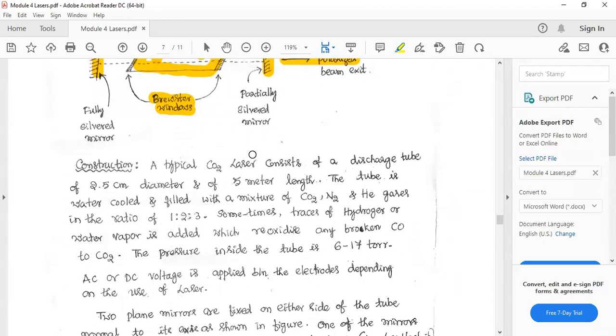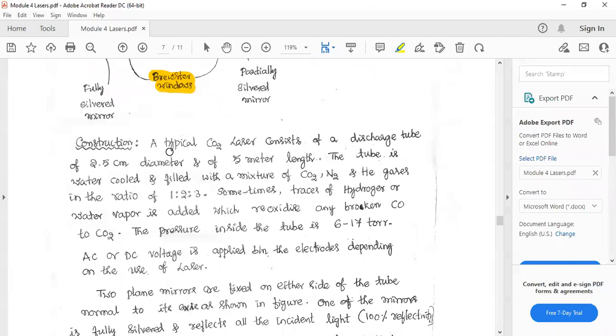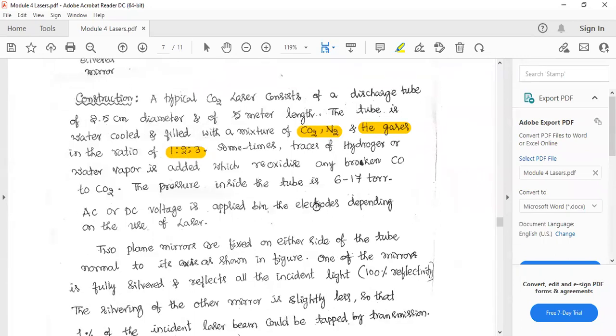Usually the carbon dioxide laser consists of hydrogen or water, oxygen, carbon dioxide and nitrogen molecules. Other than that, helium gas is also filled, in the ratio of 1:2:3. The helium gas helps the carbon monoxide present in the mixture to get reoxidized to carbon dioxide.